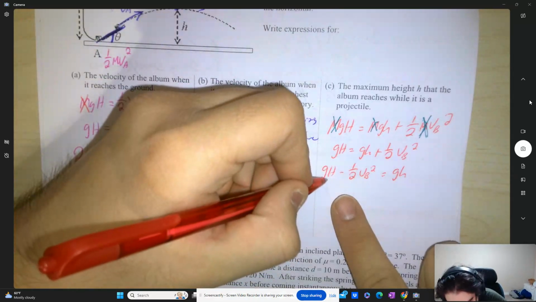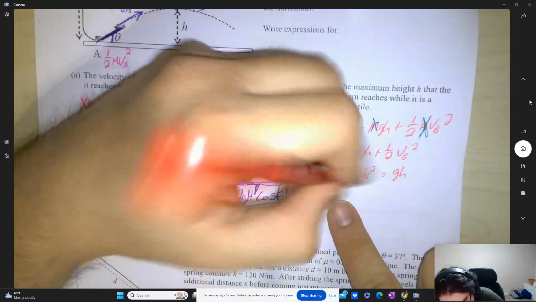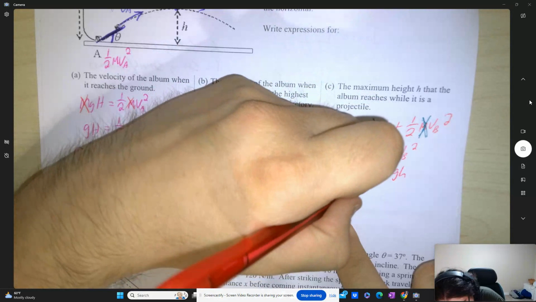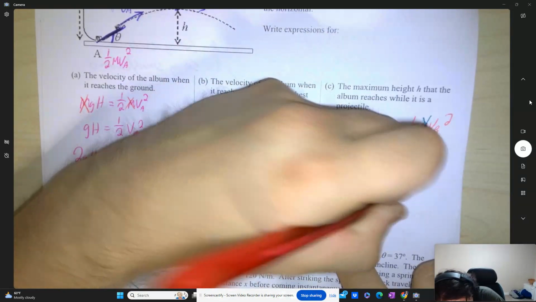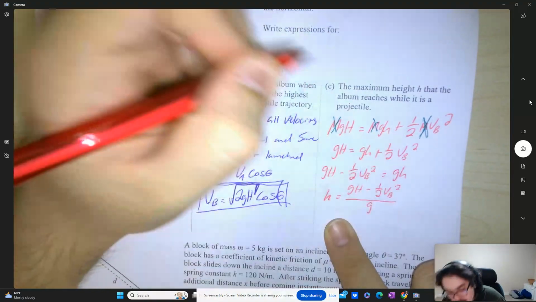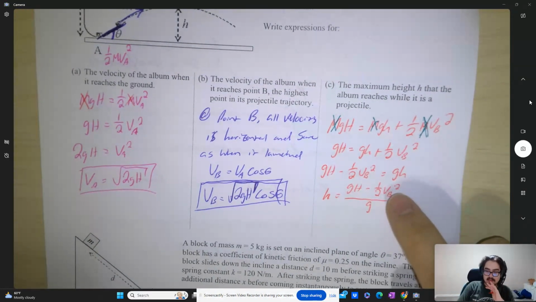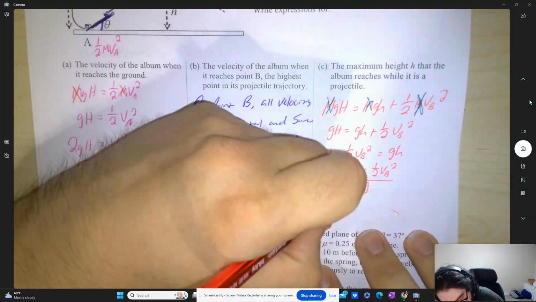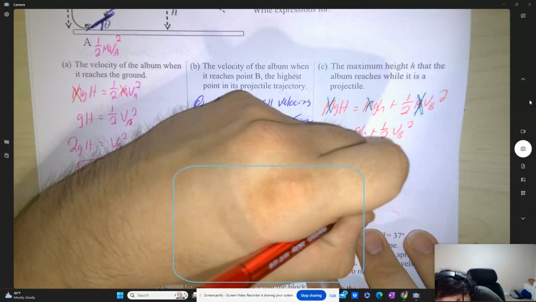Okay, you divide by g on both sides, and you would get lowercase h equal to capital G H minus 1/2 V sub B squared, all over g. Now, you'll actually be able to cancel some stuff out in just a second, because when I expand V sub B, this becomes h equals g times capital H minus 1/2.